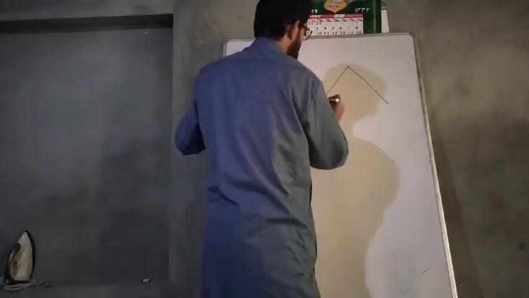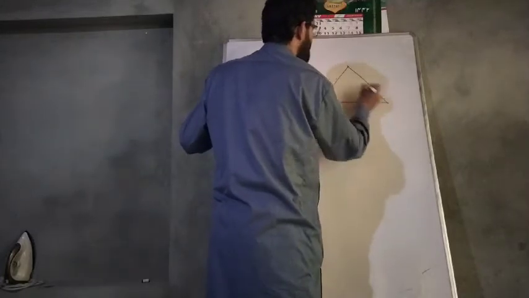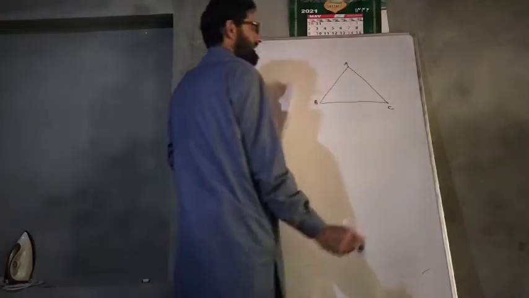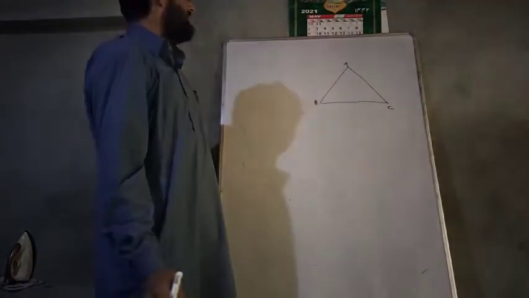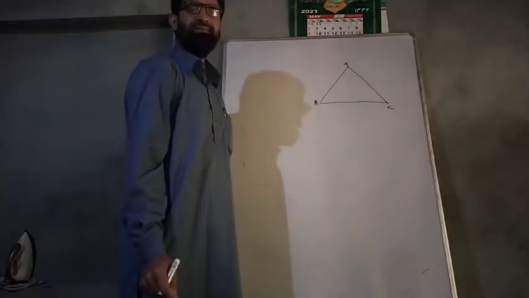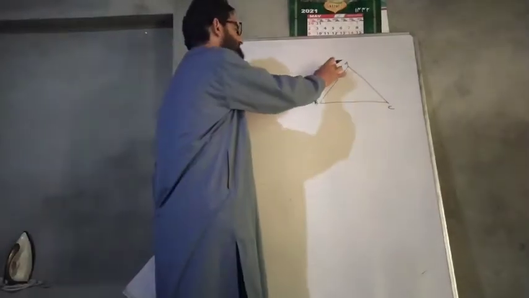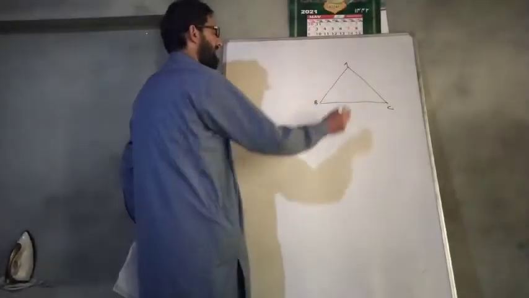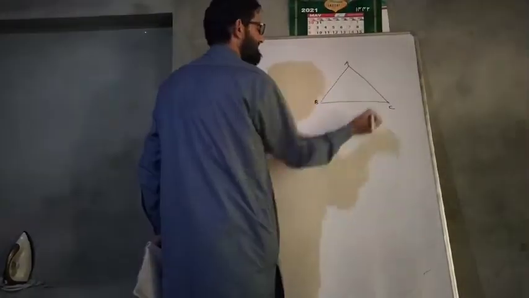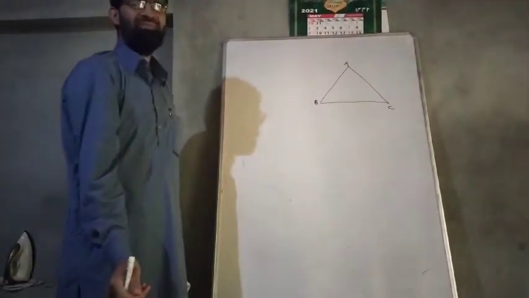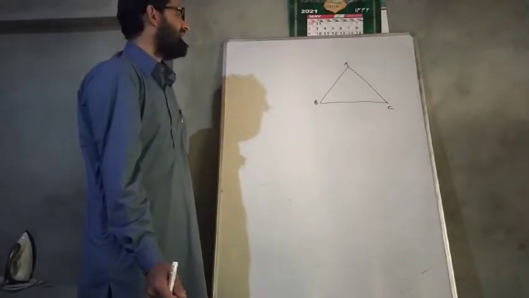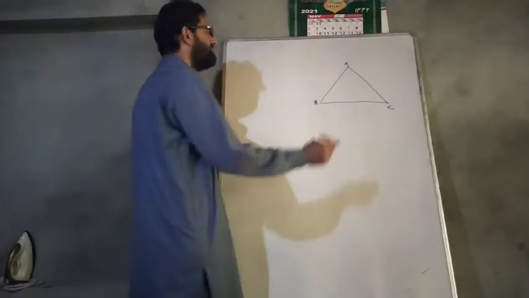A three-sided figure, ABC is a triangle, or a polygon with three sides. It has obviously three sides, three vertices, three angles, and angle A plus angle B plus angle C is always equal to 180. Now we are going to prove this. It's called the angle sum property.